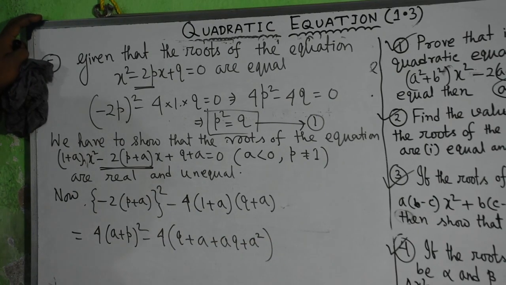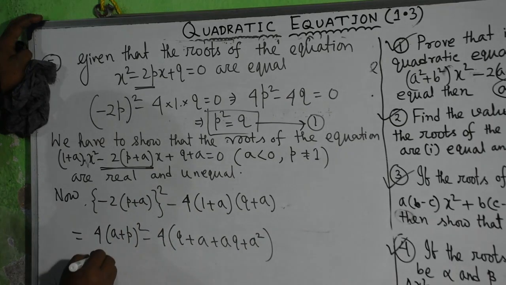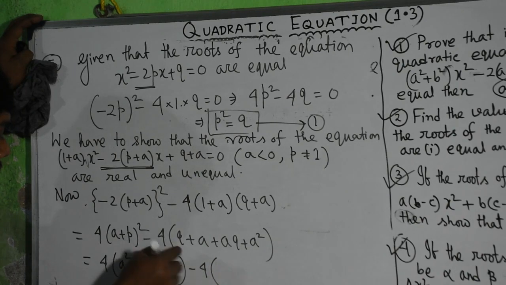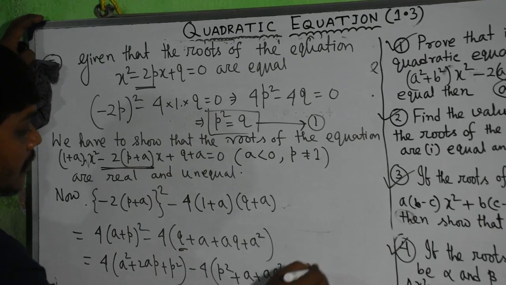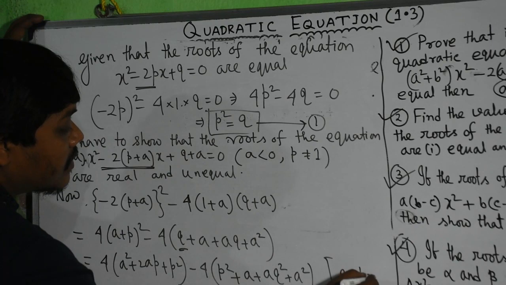We have already proved that q equals p square, putting the value: 4 into (a square plus 2ap plus p square), minus 4 into (p square plus a plus ap square plus a square), because q equals p square.